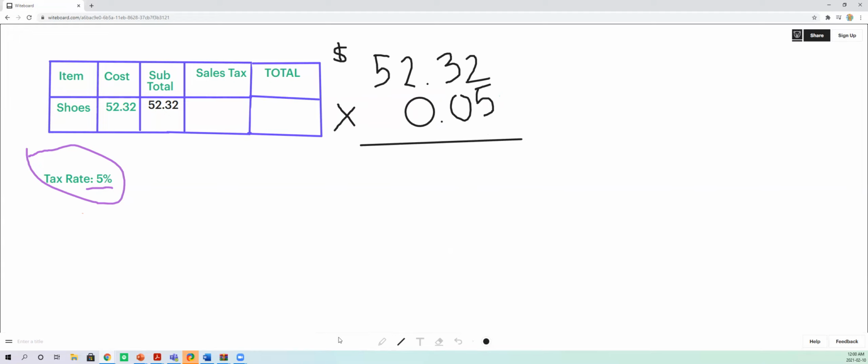And what you're going to do here is do the math of $52.32 times 0.05. So pause the video there and calculate with me, actually calculate yourself what the total of just the tax is. So how much tax is this person paying?